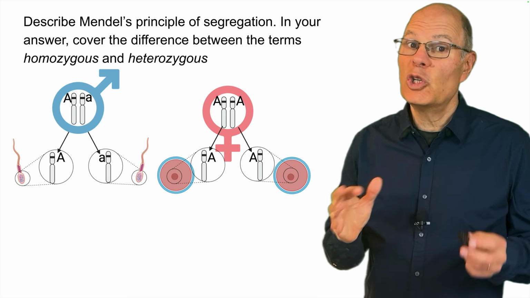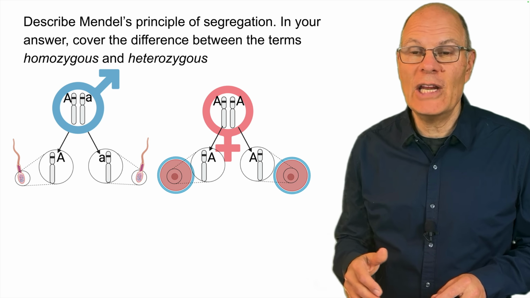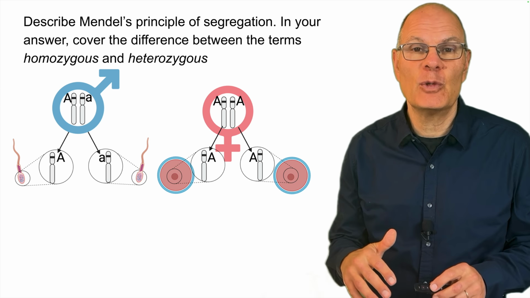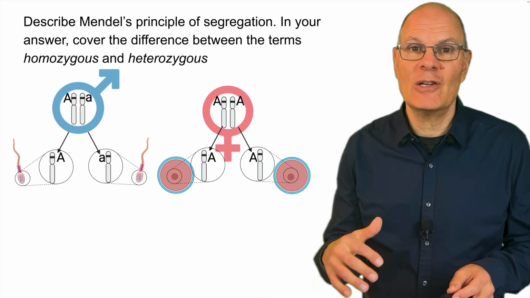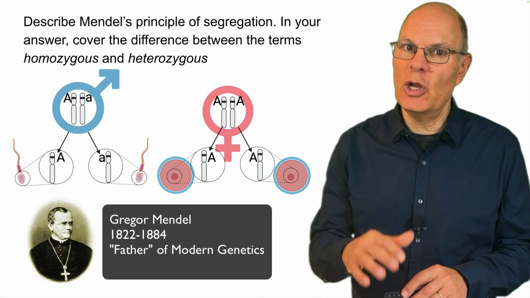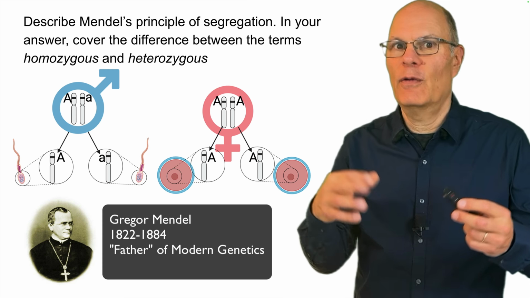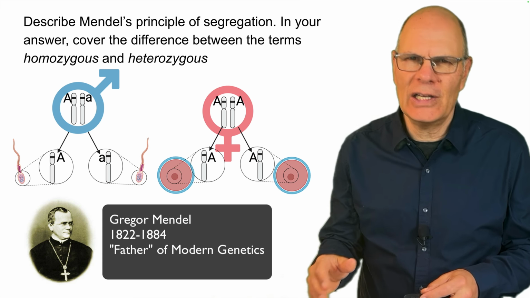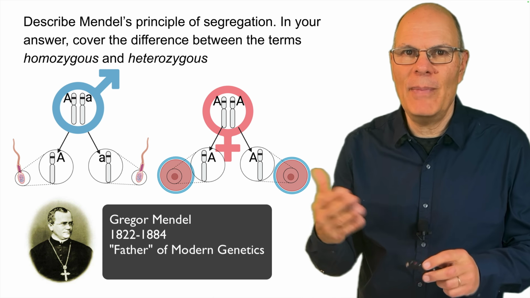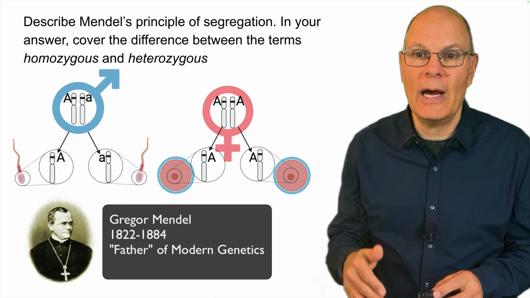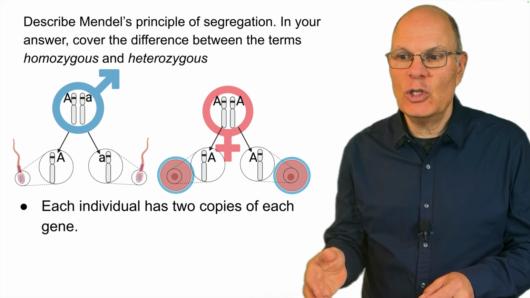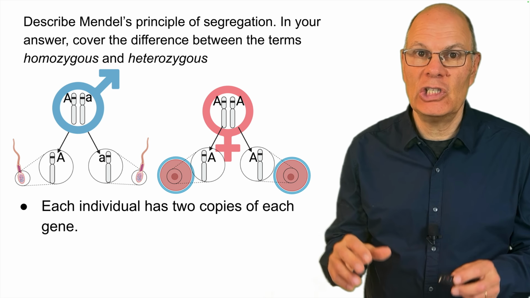Describe Mendel's principle of segregation. In your answer, cover the difference between the terms homozygous and heterozygous. Just a historical note, Gregor Mendel is considered the father or grandfather of genetics. In the 1800s, he figured out many of these basic principles that we're talking about right now. Every individual has 2 copies of each gene.